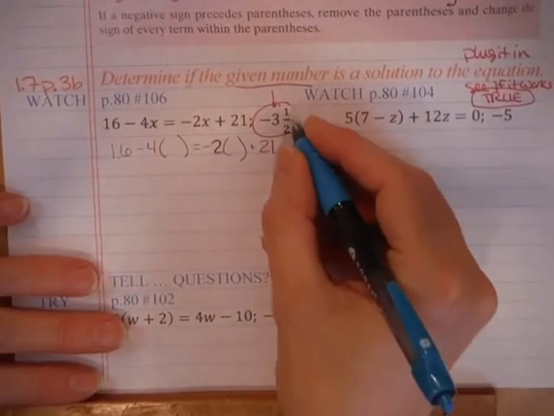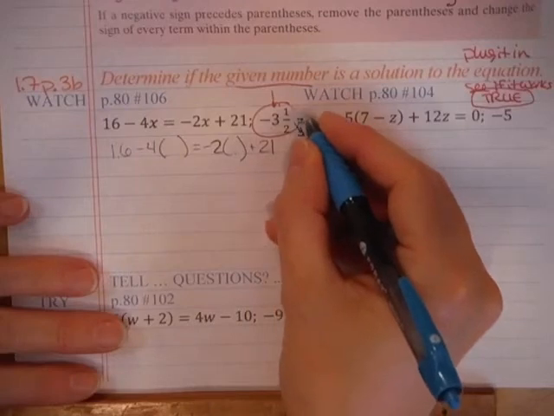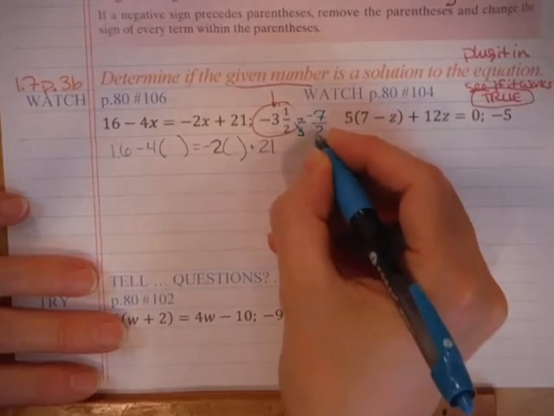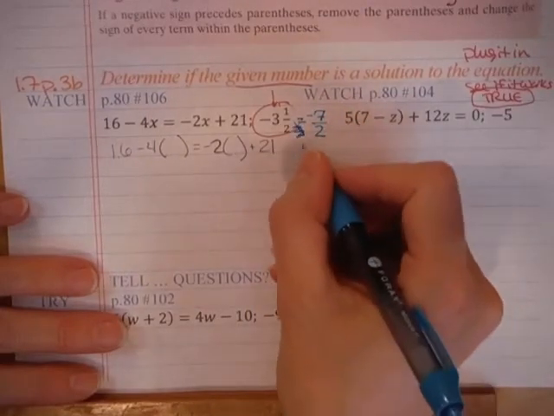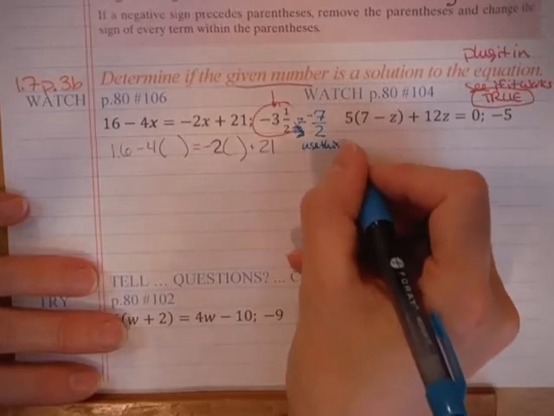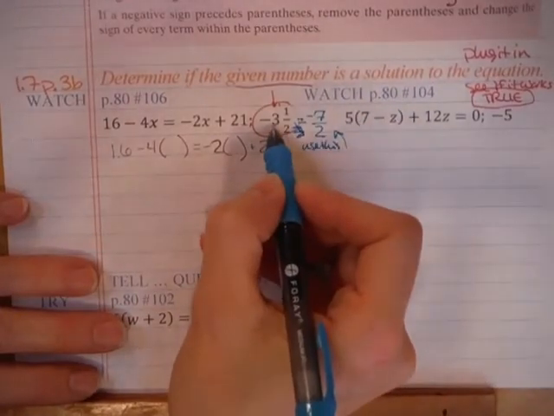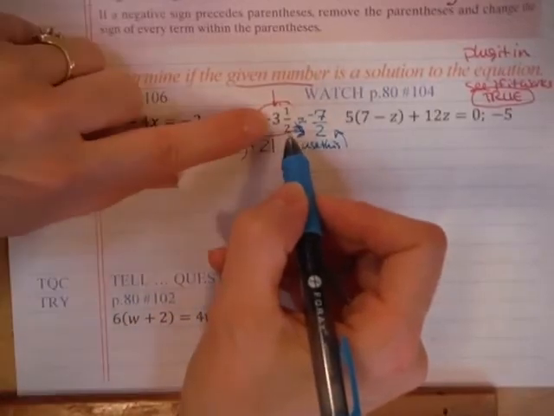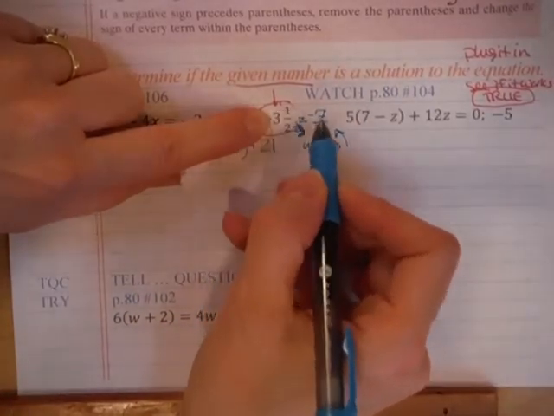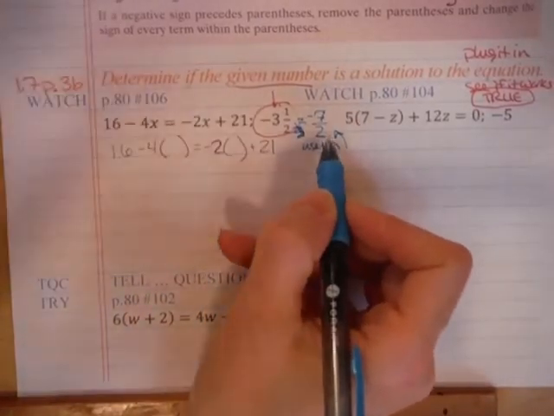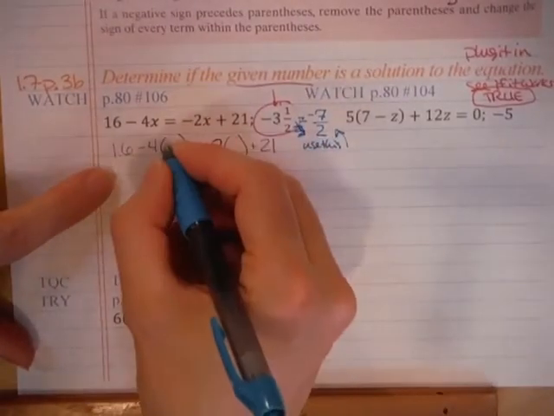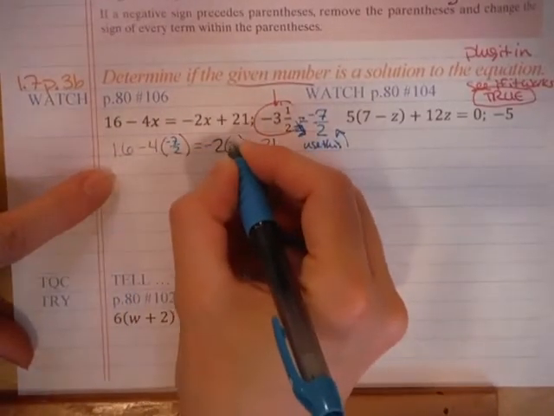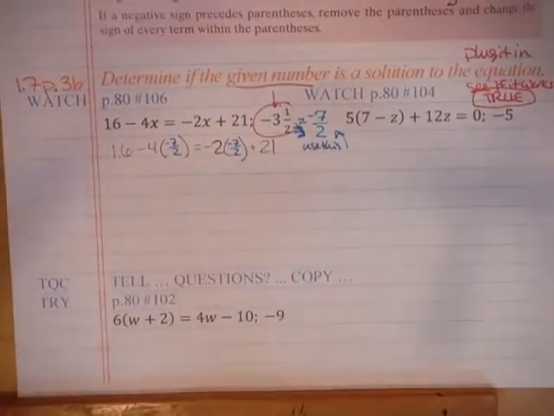I would convert -3 1/2 to -7/2, and I would use that instead. 2 times 3, ignoring the negative, is 6. 6 plus 1 is 7. -7/2 is what we have here. So that's what I'm going to plug in each spot instead of the x: -7/2.